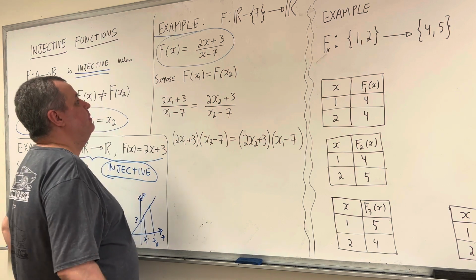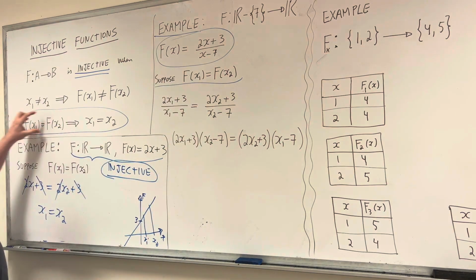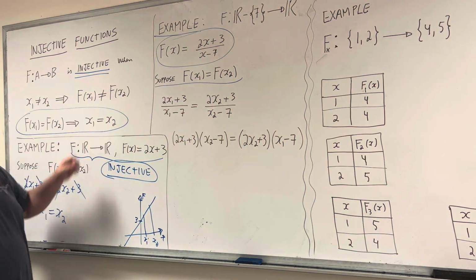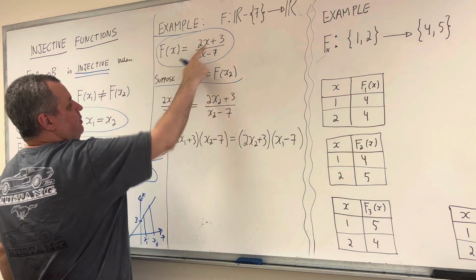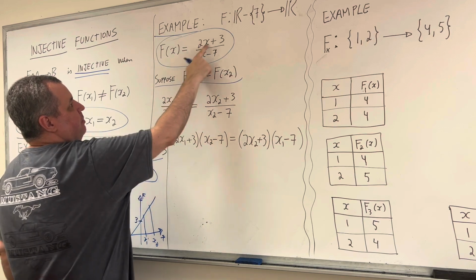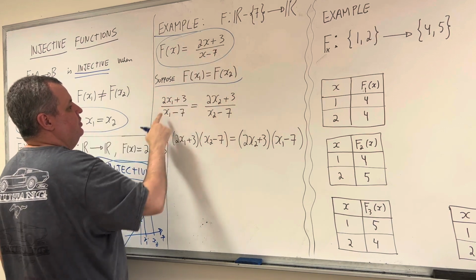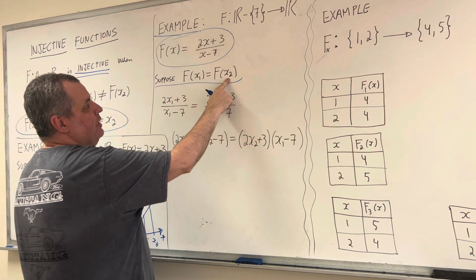How do I do that? So if we start with this assumption, we start with this part here, we have to show that x1 is equal to x2. f of x1, I substitute x1 here, and I have 2 times x1 plus 3, x1 minus 7 in the denominator. And it's equal to the function calculated at x2.